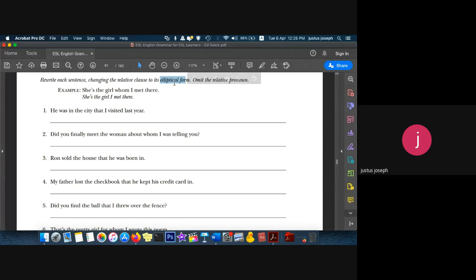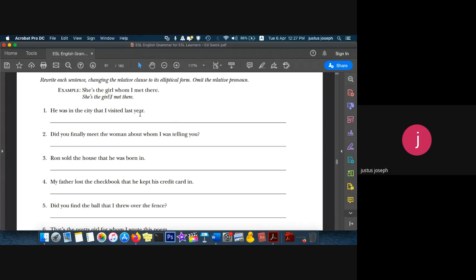Do not get confused by this big word elliptical. All that it says is that sometimes you will find sentences where you do not need to use a pronoun, something like this word whom here. You can skip that word. Very often you will see this happening with the word that. Sometimes you will skip the word that, which.